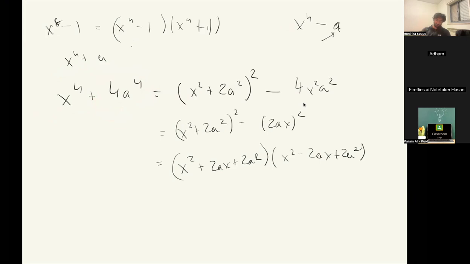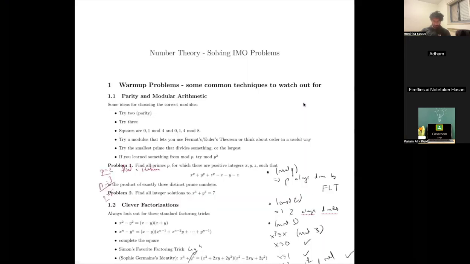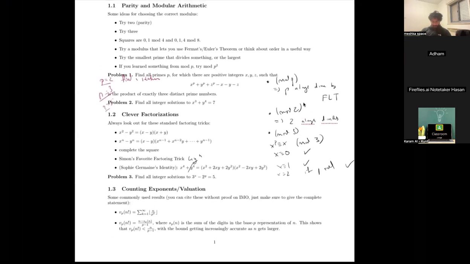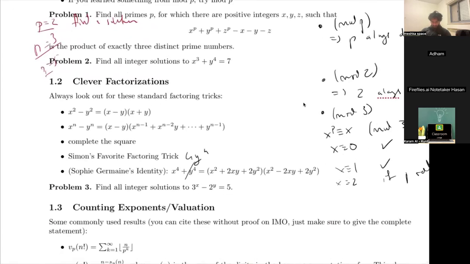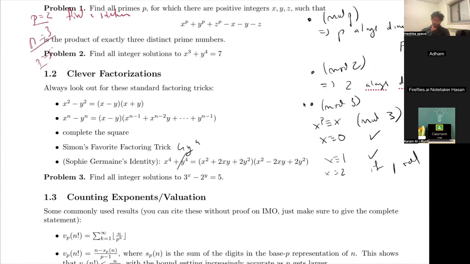It looks like it came out of the blue, but it's nice. So this is called Sophie Germain's identity. It's also something that appears a lot in Olympiad problems.